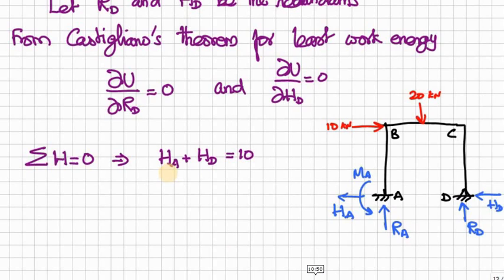Now we can apply sigma H is equal to 0: HA plus HD is equal to 10, because HA and HD are both acting in the same direction and the 10 is in the opposite direction. From this we get HA is equal to 10 minus HD, because we have to convert everything into these two parameters, RD and HD.